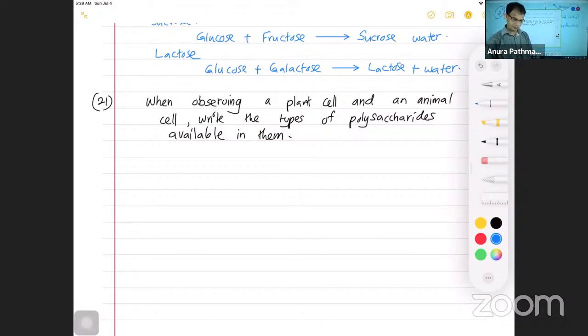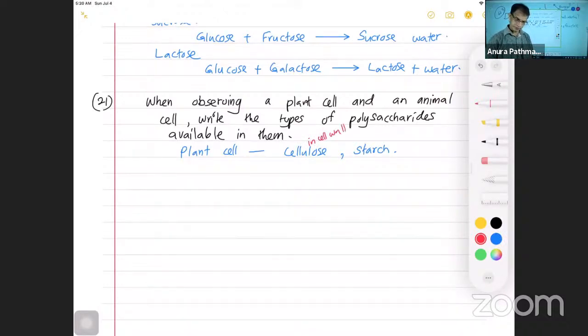What are the polysaccharides available in a plant cell? Cellulose. The other one? Starch. Cellulose, where in the plant cell? In the cell wall, in fibers. Exactly, in the cell wall.